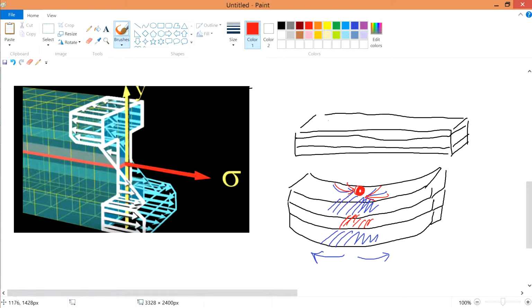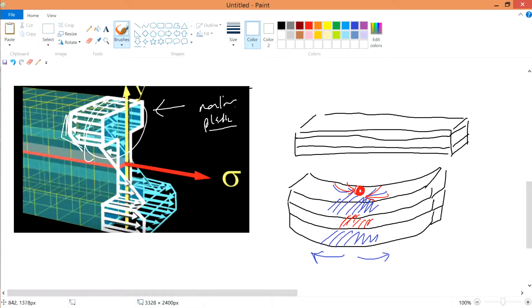So if you were to zoom into this portion over here, it's something like this. This is the top part that I said earlier. This top part experiences non-linear stress, or what we call plastic stresses, because it already starts to yield.